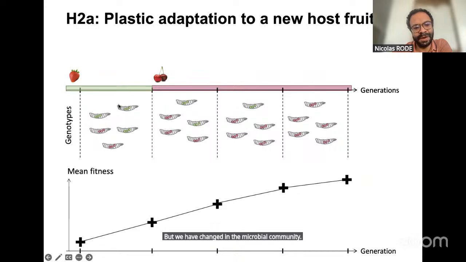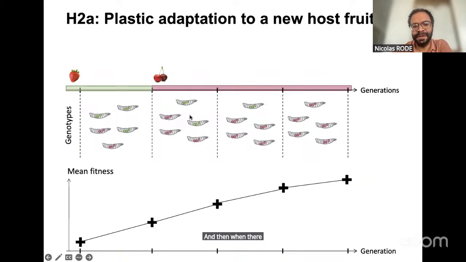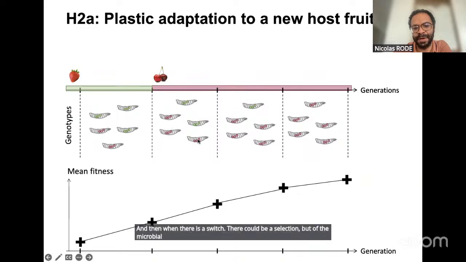For example, here on strawberry, most of the larvae, they could have a green microbiota, and only some kind of a pink microbiota. And then when there is a switch, there could be a selection, but of the microbial community. So the pink microbiota increase in frequency through time.